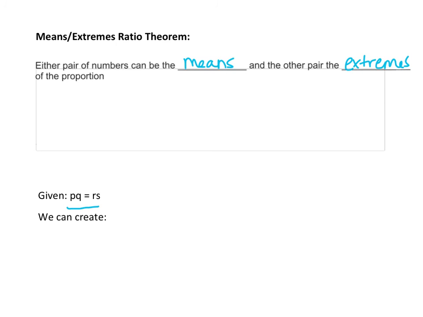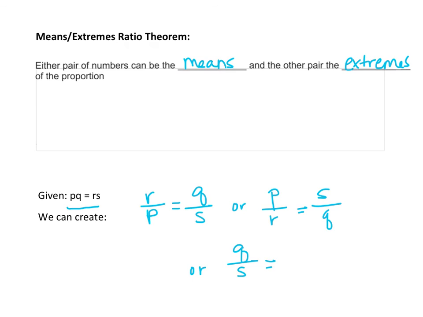We can say that R over P is equal to S over Q, or we could say P over R is equal to Q over S, or we could say that S over Q is equal to R over P. And those would all be correct and give us the same answers.